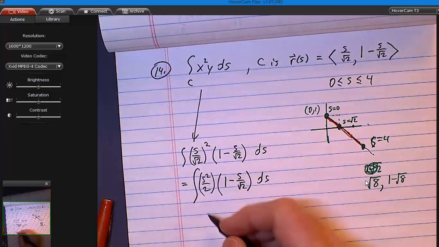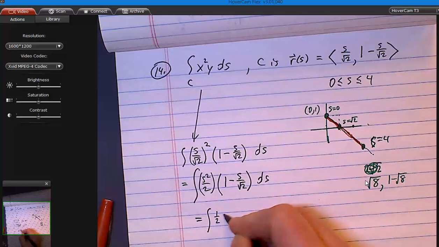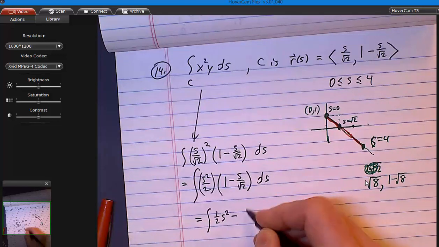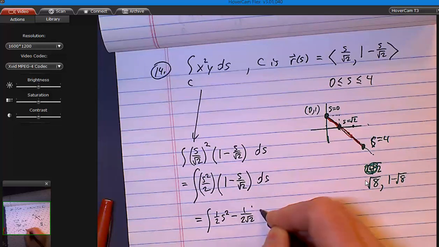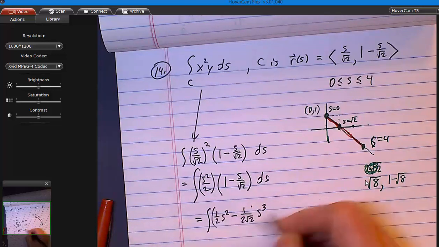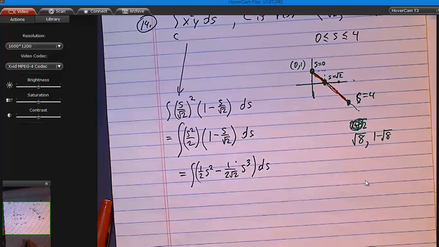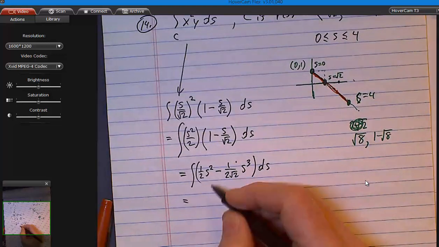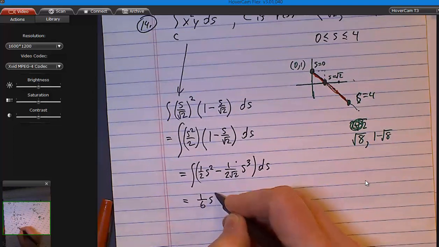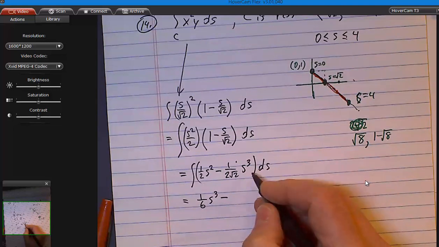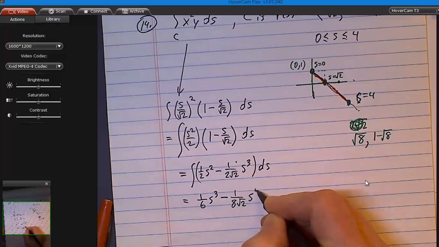I'll distribute through, and this is 1/2 s squared minus 1 over 2 square root of 2 s cubed ds. Okay. And so I get, let's see, this would be 1/6 s cubed minus, and then this would be 1 over 8 radical 2 s to the 4th, right?